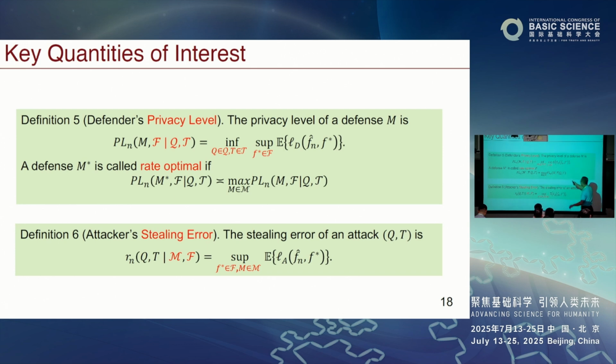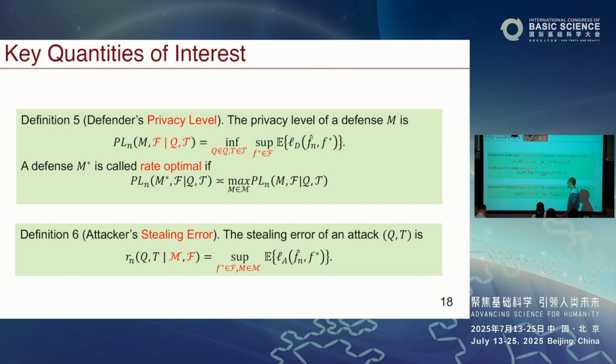So what is it? Because F star can be any member in script F, we look from the traditional minimax perspective. How well can the attacker learn the true F star, uniformly over my class? That's the quantity. And then the inf is over the query and the learning strategy of the attacker.